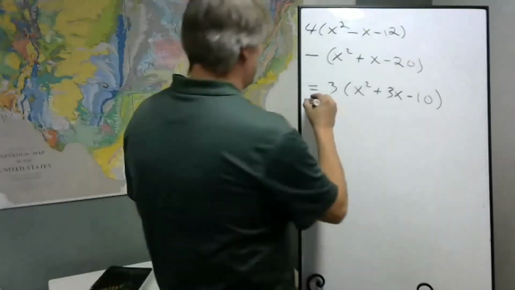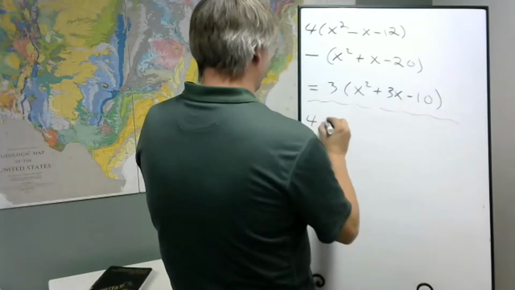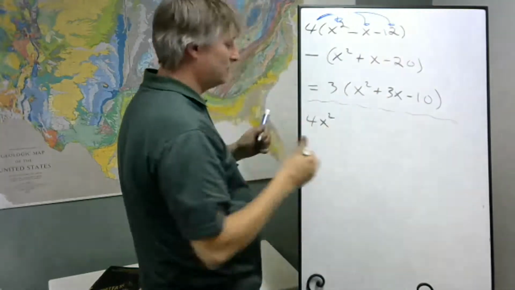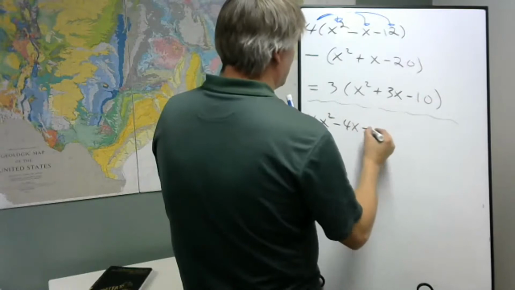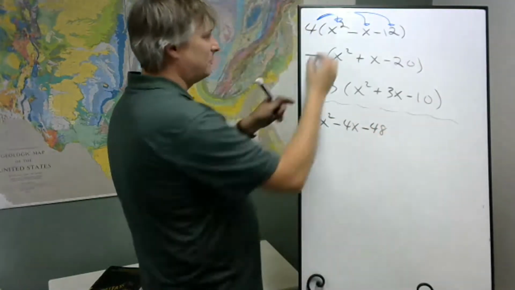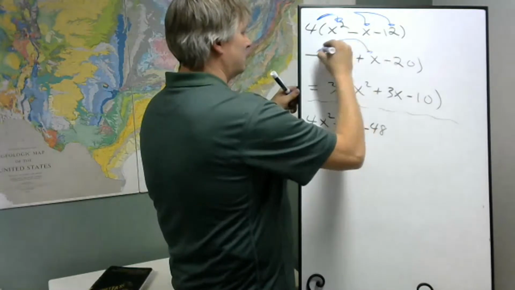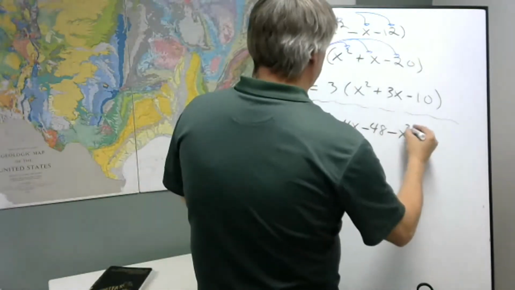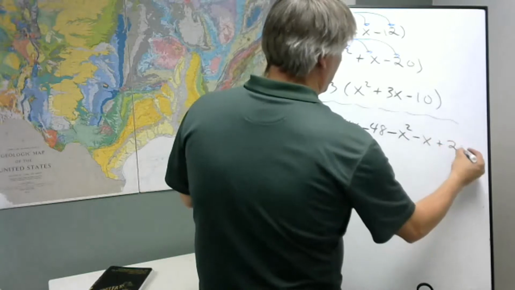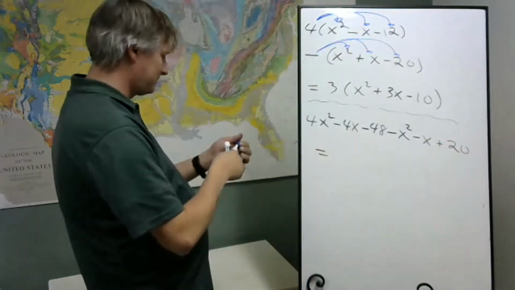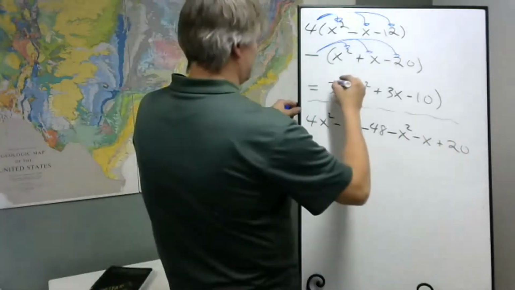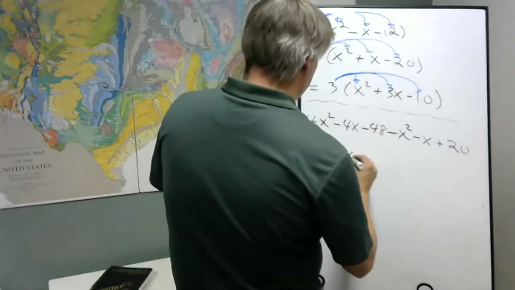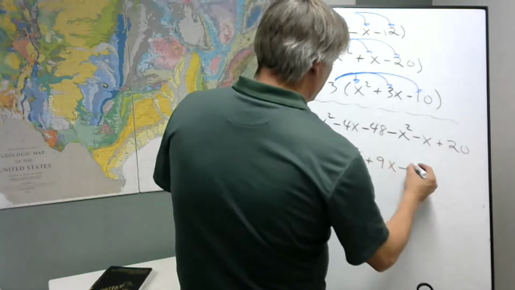So now we can distribute: 4x squared minus 4x minus 48. And then we'll distribute this minus sign to get minus x squared minus x plus 20 equals 3x squared plus 9x minus 30.